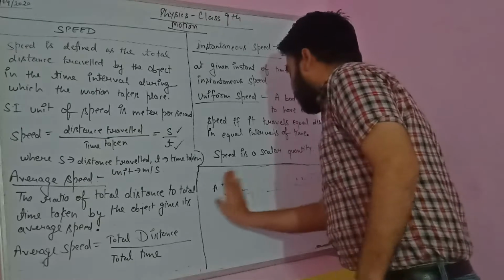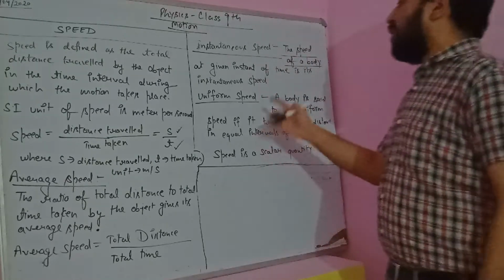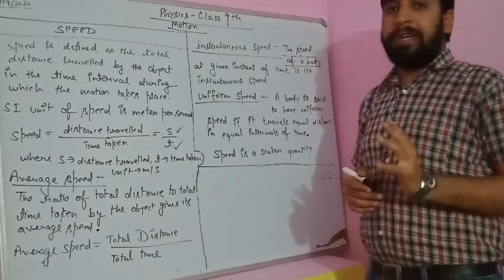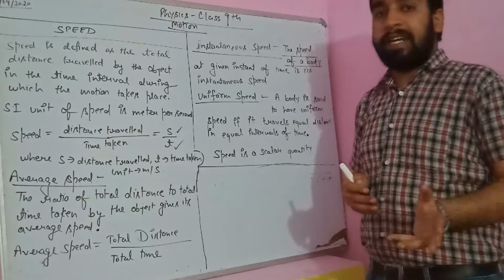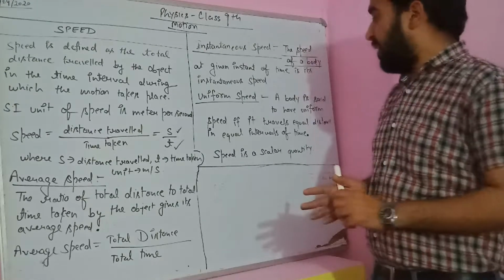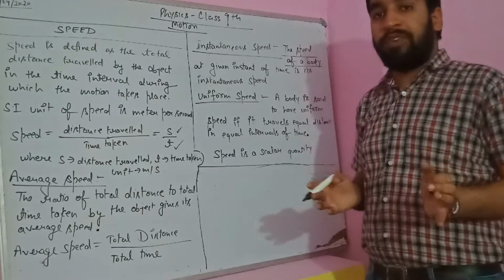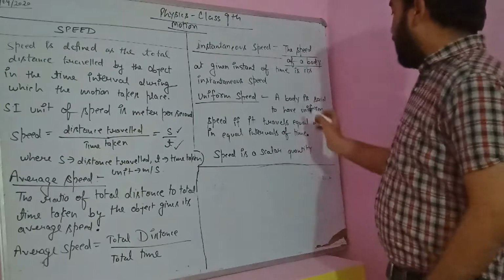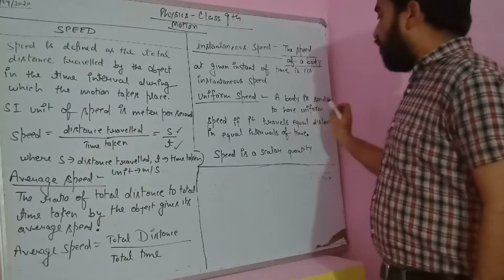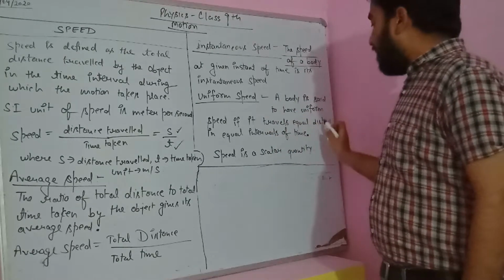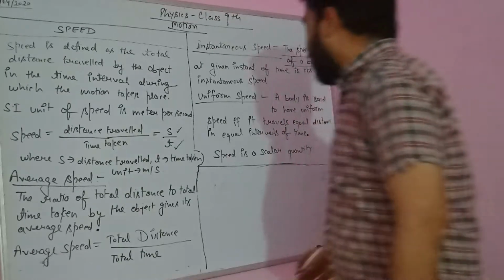Now students, next is uniform speed. What is the meaning of uniform? Uniform means that there is no change. If there is no change in the speed, the object is moving with constant speed. A body is said to have uniform speed if it travels equal distance in equal intervals of time.